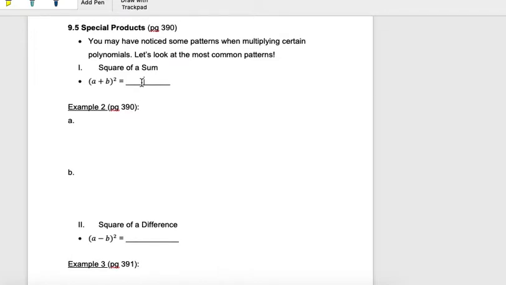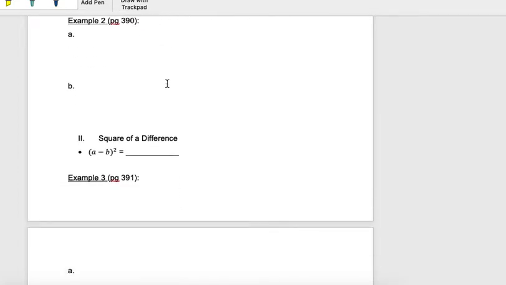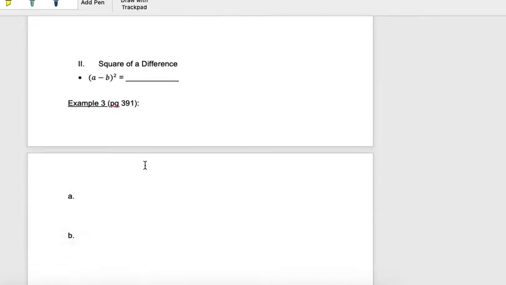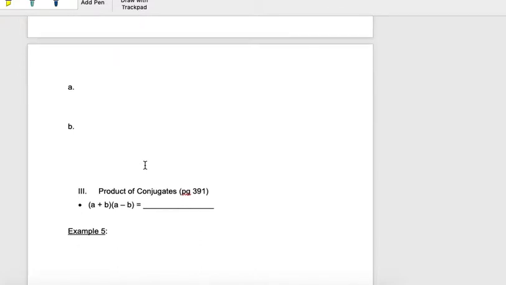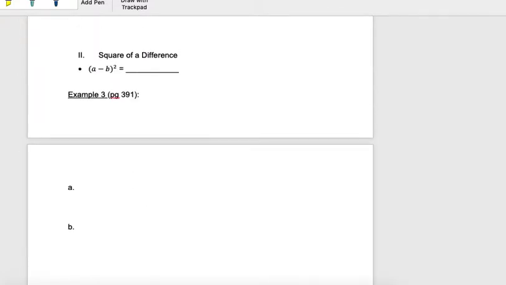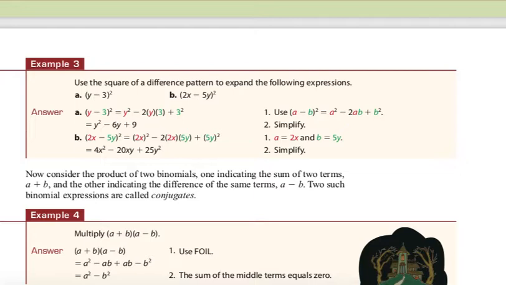Okay, so for the notes, you just have to write here the a squared plus 2ab plus b squared. Those are examples. This is writing down that formula again. Okay, so let's just look at that example. Here again, just following the pattern, okay? y squared minus 3 times y, which is 3y times 2, 6y plus 9. There we go.